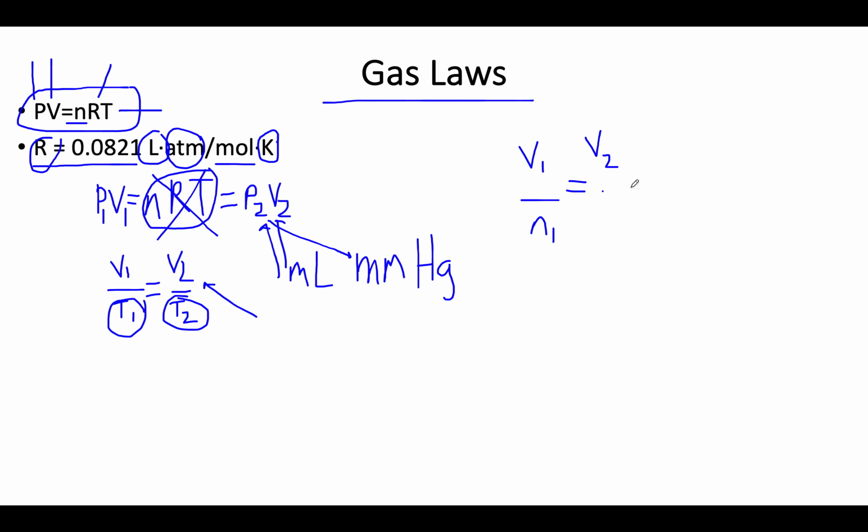So you're just rearranging. Here I've got volume and moles, so I'm rearranging volume and moles, and everything else is constant. So volume over moles, volume over temperature, pressure, volume. These are the derivations. And then on the pre-lab as well, there's a combined gas law. So that's P1 V1 over T1 equals P2 V2 over T2.